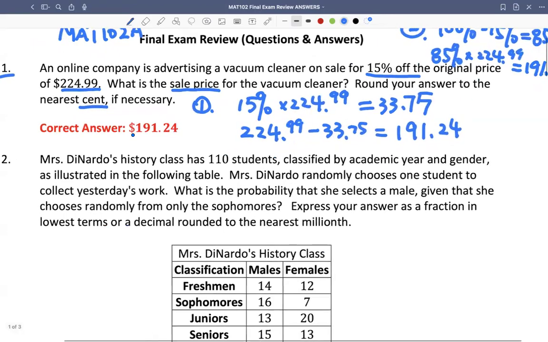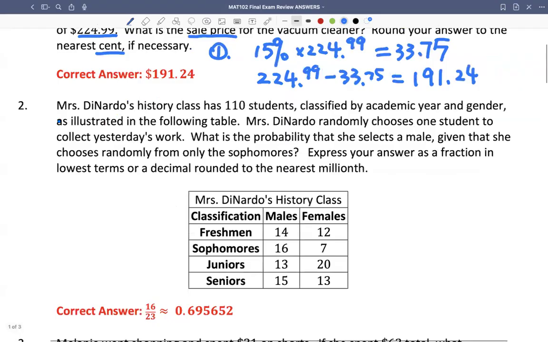Now let's see the second one. When we read questions, we should know how to get rid of the noise in the question and just pay attention to the important information. Here the important part is 110 students in total, classified as freshmen, sophomores, juniors, and seniors. Then randomly pick one student out of all those students.